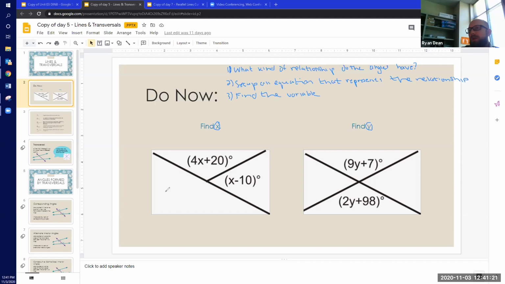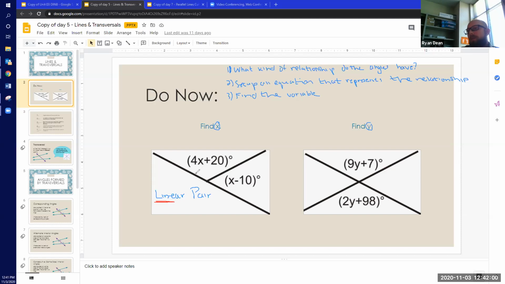So this picture right here is, of course, a linear pair. Remember, with linear pairs, what we're looking for is two angles that make a line.